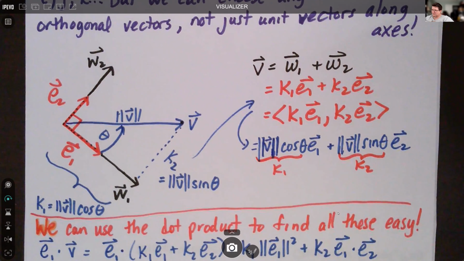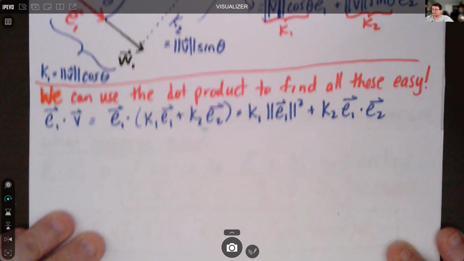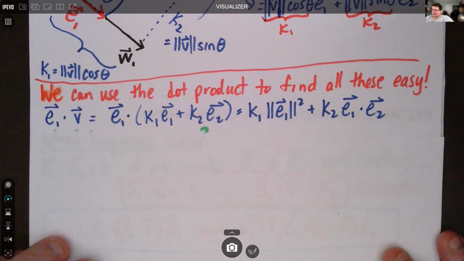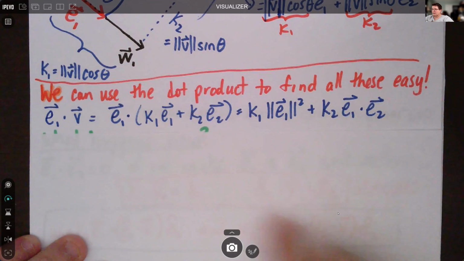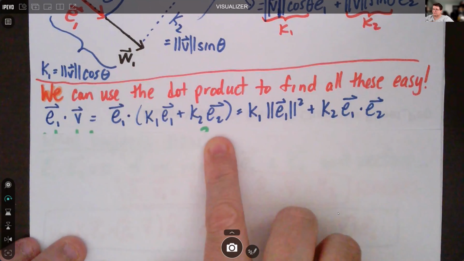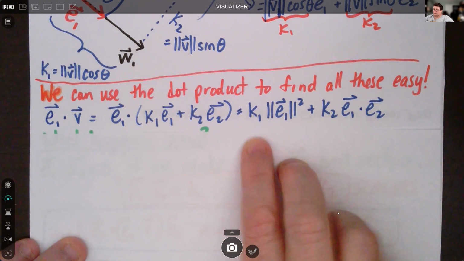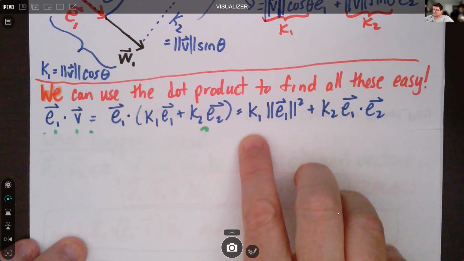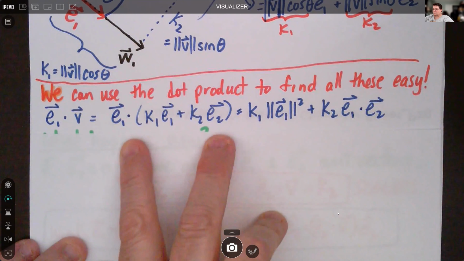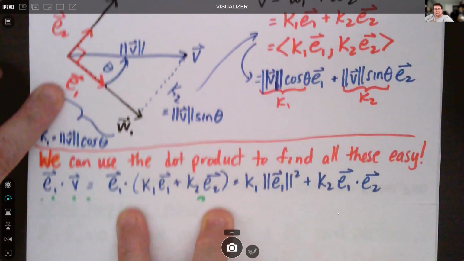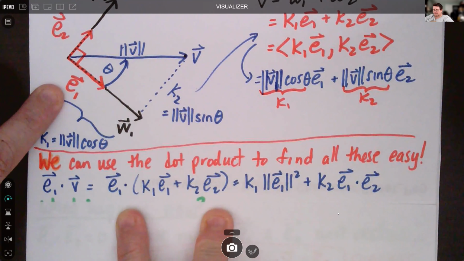Dot product can help us find out what K1 and K2 are kind of easily. So check this out. If I take V and dot it with E1, I've got E1 dot K1 E1 plus K2 E2. Remember, the way we've defined them, E1 and E2 are orthogonal.